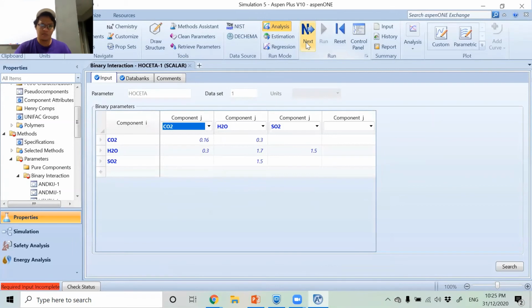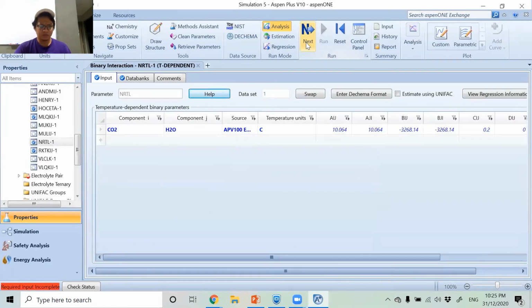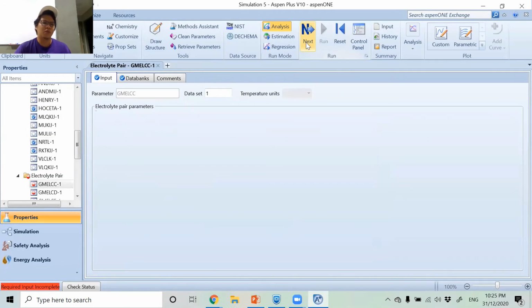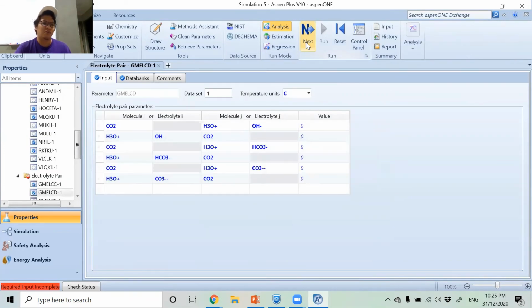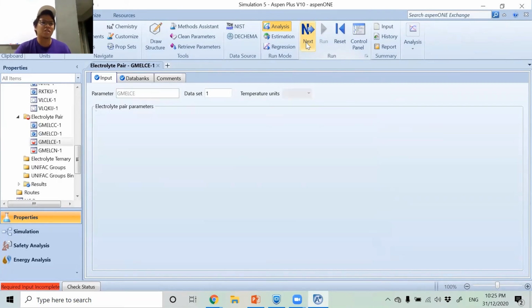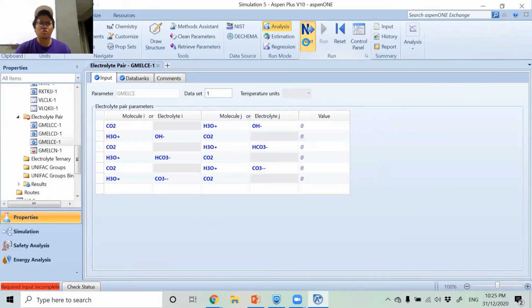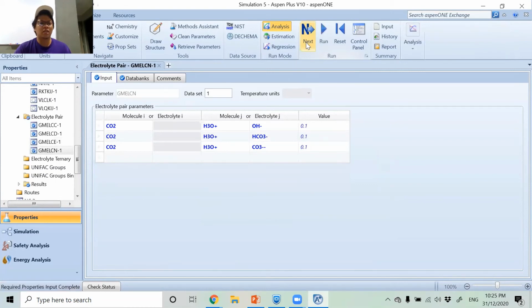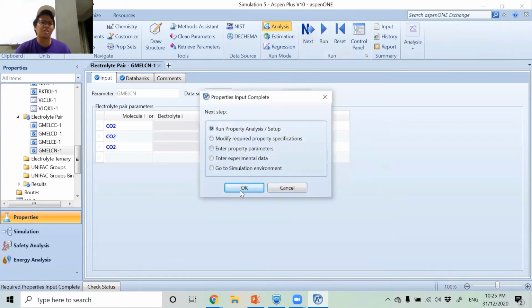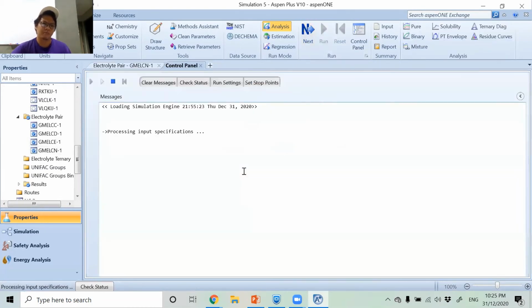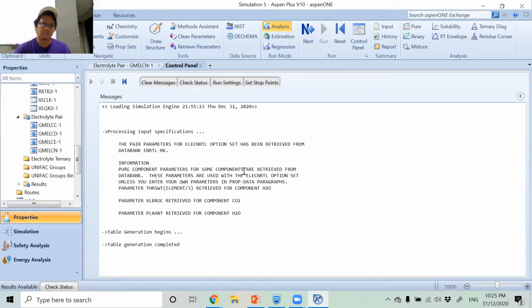This is just the binary parameters for your components. This is just the electrolyte pair parameters for your electrolyte system. I'm just going to hit next, continue, hit next. I'm just going to run the property method and setup. And then I'm going to go to simulation.